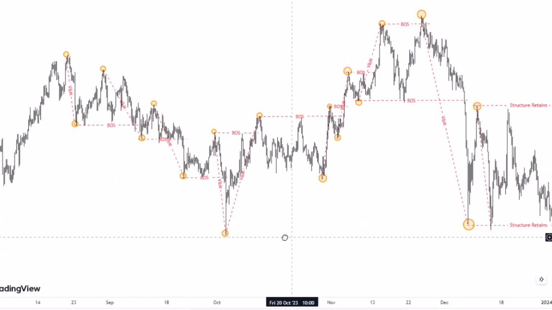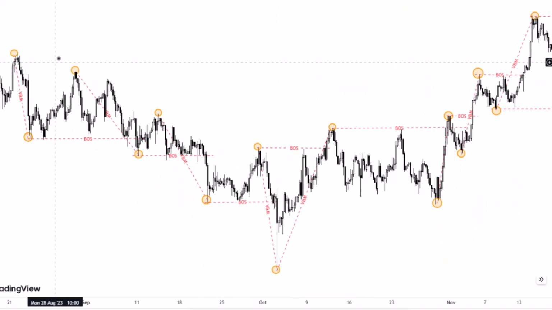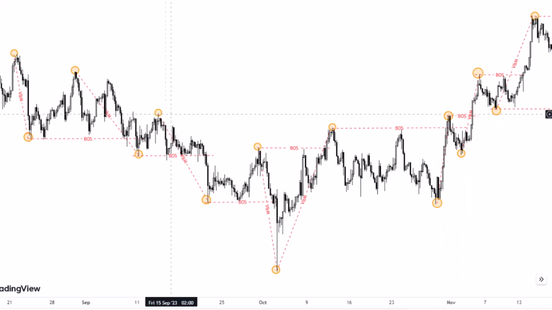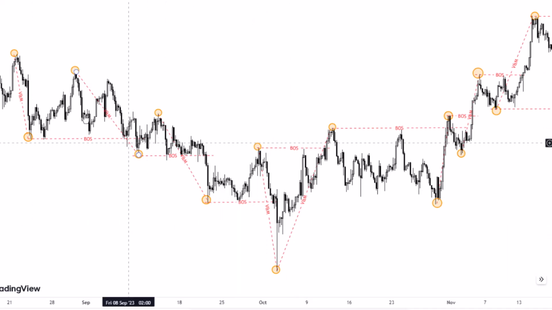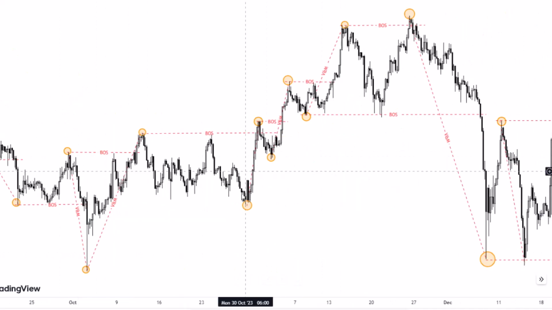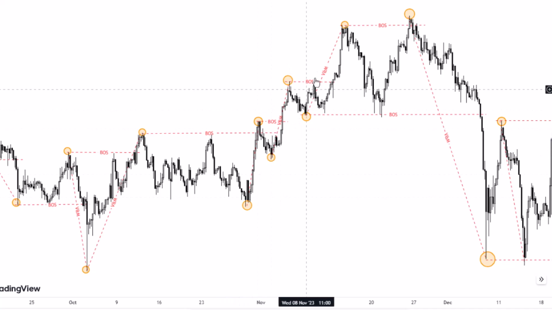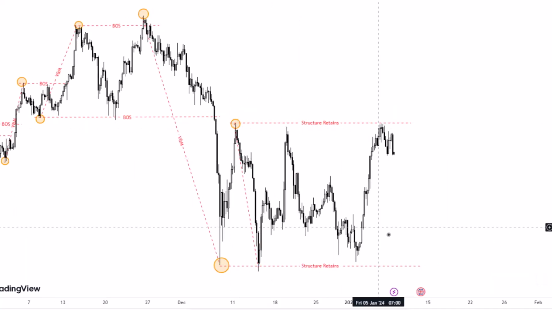This is how you can mark your structure. So these are what we call structures. 1, 2, 3, 4. You see, 4 structures in this downtrend. In the uptrend, how many structures were created? 1, 2, 3.